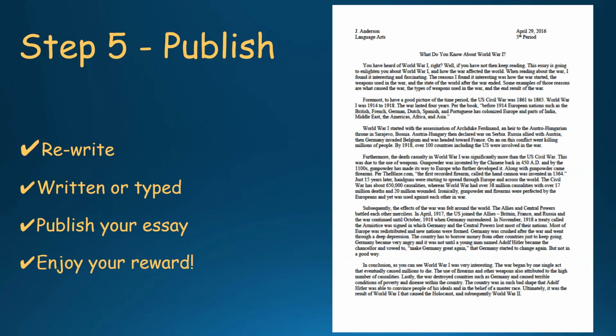Per the book, before 1914, European nations such as the British, French, German, Dutch, Spanish, and Portuguese had colonized Europe and parts of India, Middle East, the Americas, Africa, and Asia. World War I started with the assassination of Archduke Ferdinand, an heir to the Austro-Hungarian throne in Sarajevo, Bosnia.